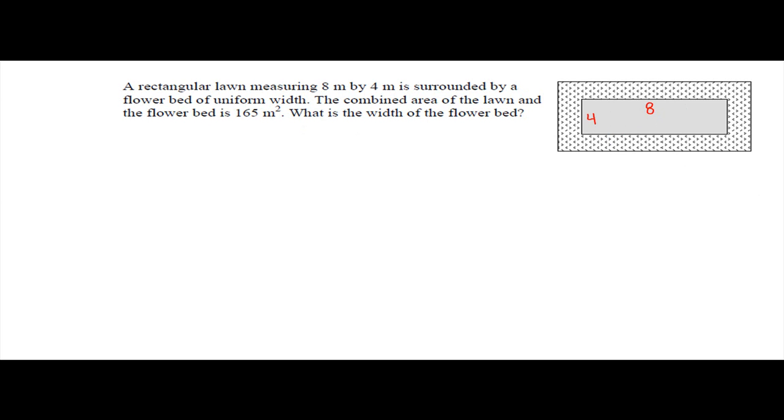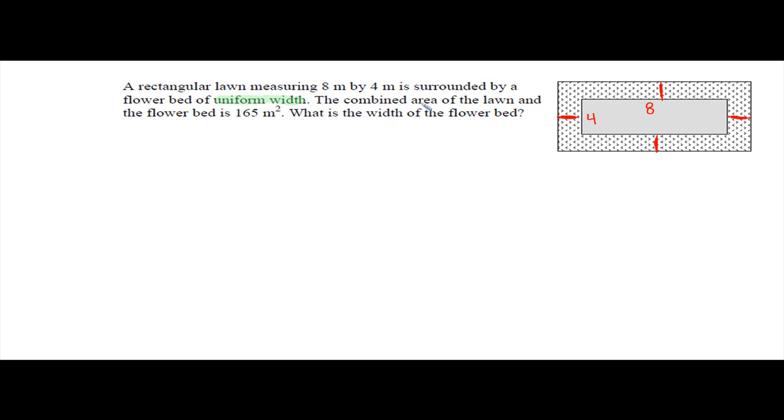When you see the words uniform width, that means it's the same width going all the way around the shape. So this is the flower bed right here, and this width, whatever it is, is the same going all the way around this rectangle.